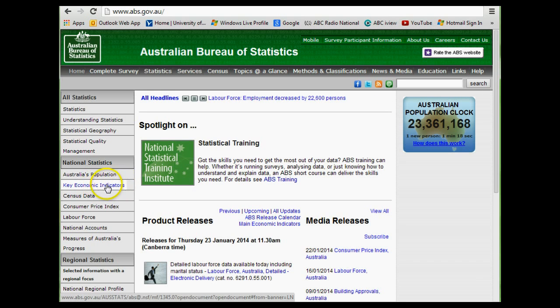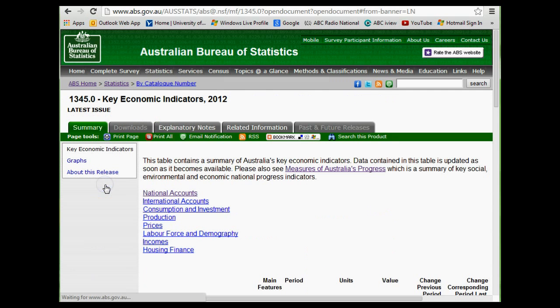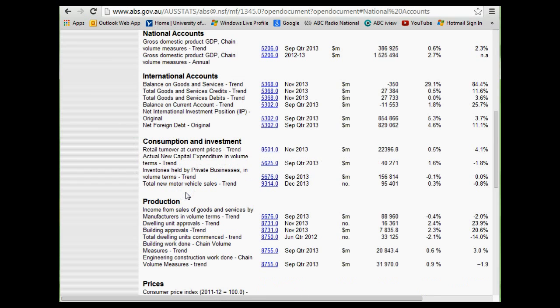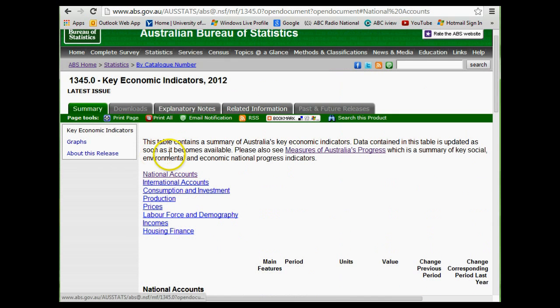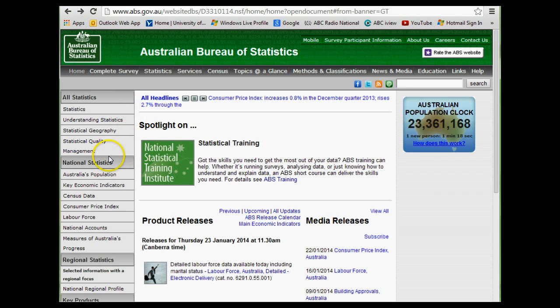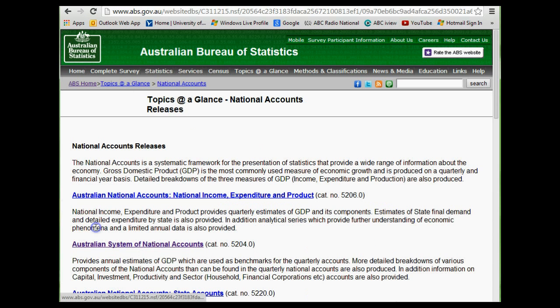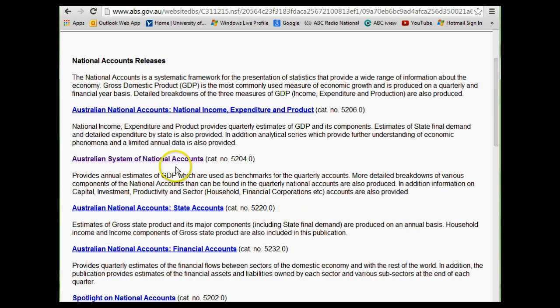Anyway, we need to go to key economic indicators. Click on that. We've got national accounts. That looks useful. No, we don't want that. National accounts. There we are. And Australian System of National Accounts.